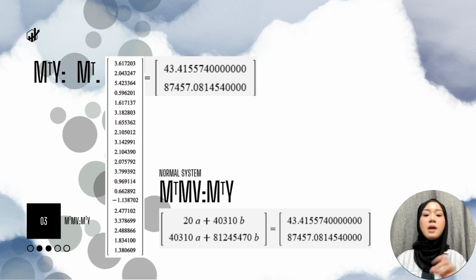After obtaining both MTM and MTY, the normal system can be written as MTM times V equals MT times Y. The augmented matrix equation shown below represents the complete system of equations used to solve for the unknown coefficients A and B. By solving this system, the values of these coefficients can be determined, producing the linear least squares model that best fits the inflation rate data.